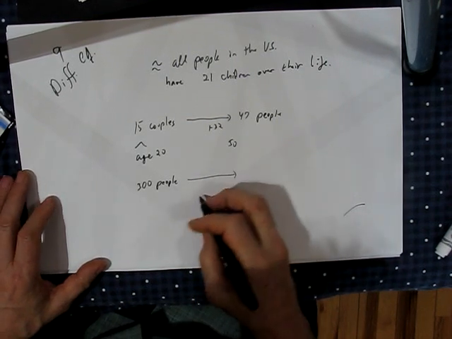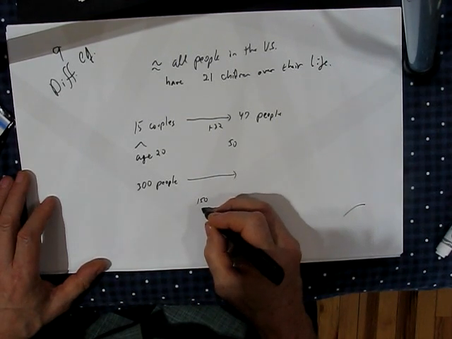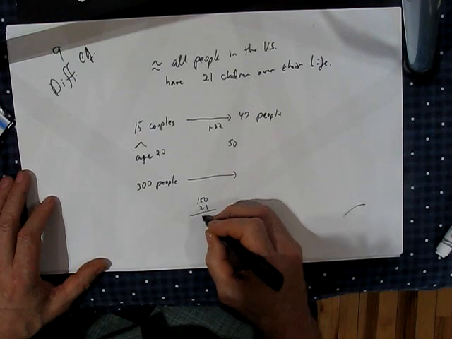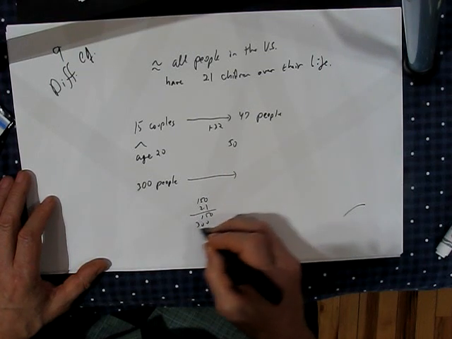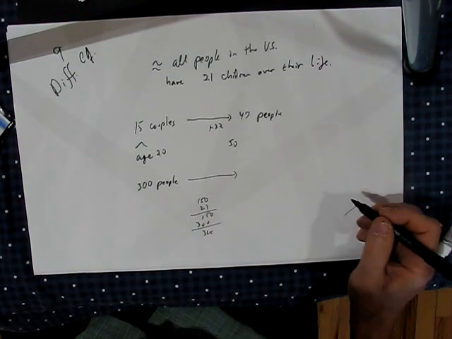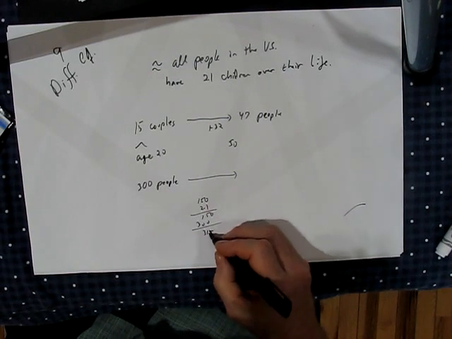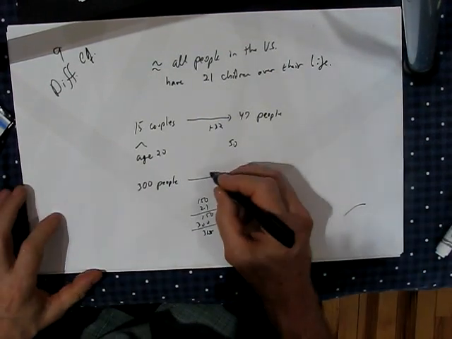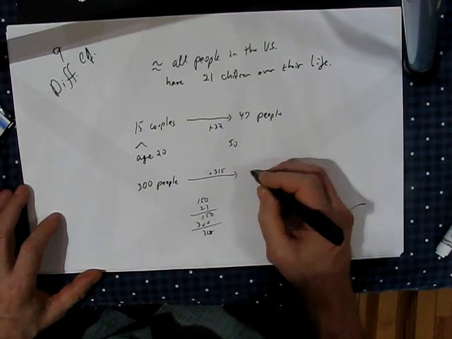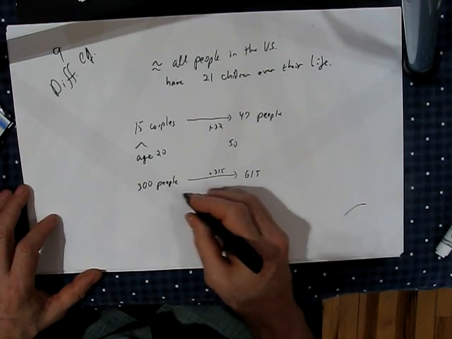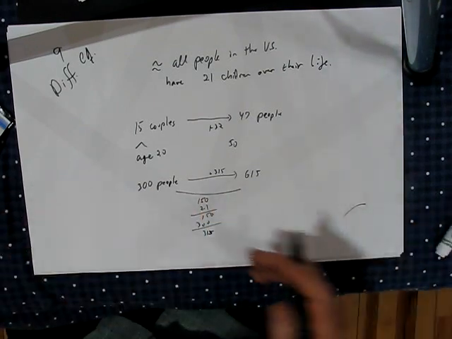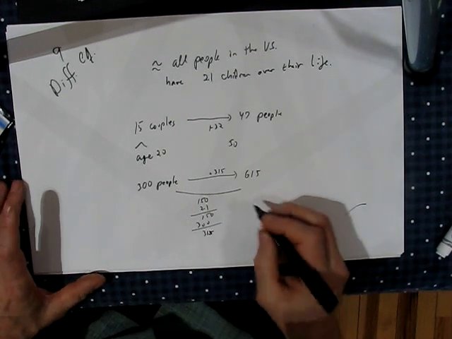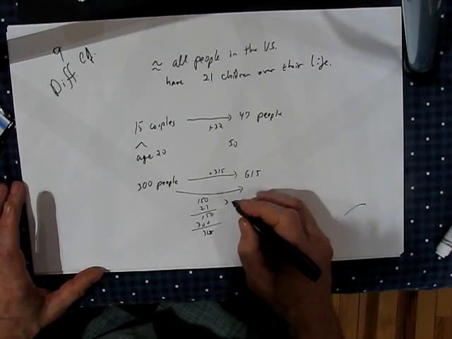So we'll take 150 times 2.1, 315 kids. And we'll get 615. And again, let's assume this is child-rearing people. This is a period over 30 years.